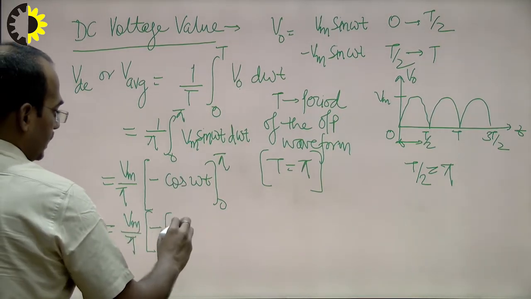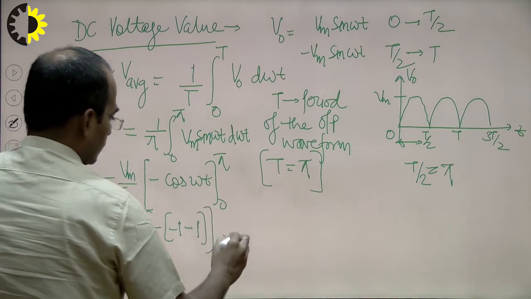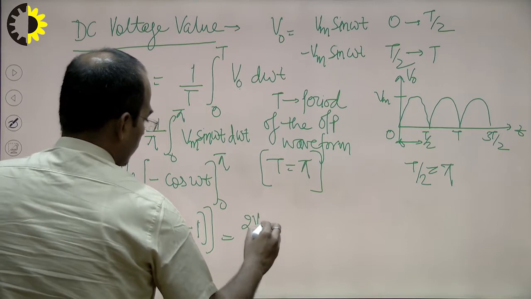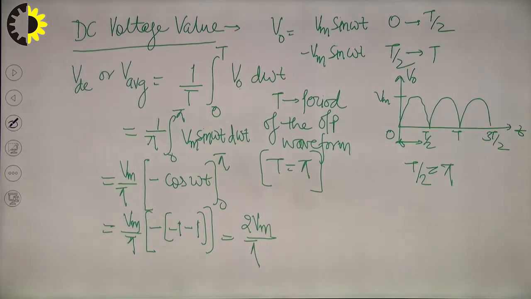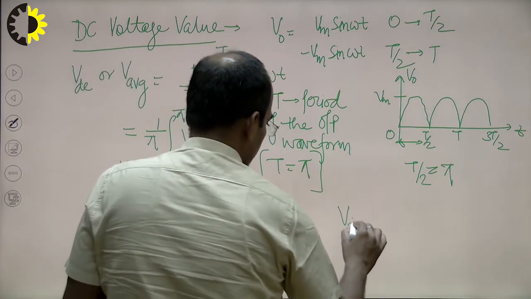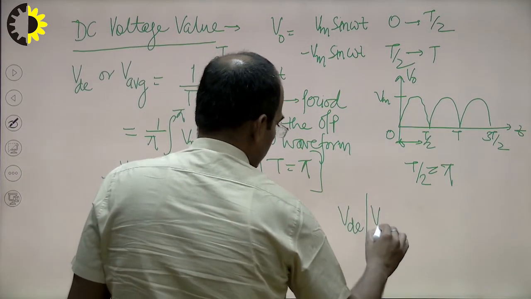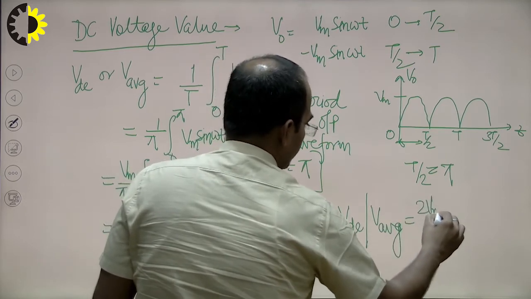Cos pi is minus 1, cos 0 is 1, so this will become 2 Vm upon pi. So the DC value or average value of the voltage is two Vm upon pi.